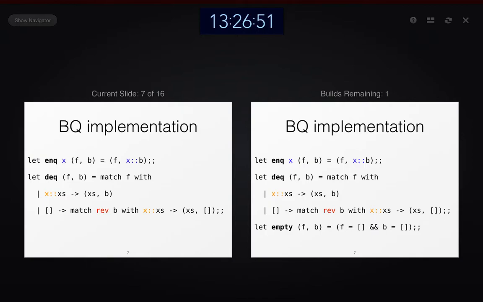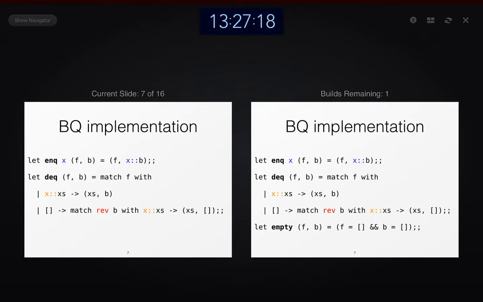First, we have to make sure that F is empty. Then, if it's empty, we have to reverse B. And after we reverse B, we have to remove its head. And then we take the tail and we put it instead of F. And that's just, in OCaml, we just write it in one line.